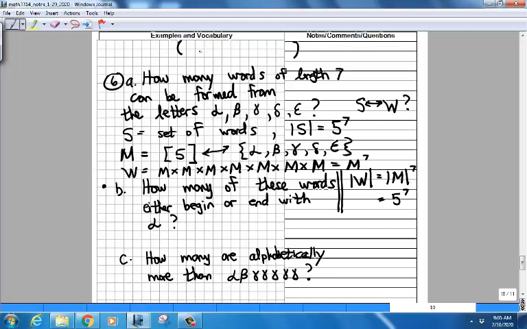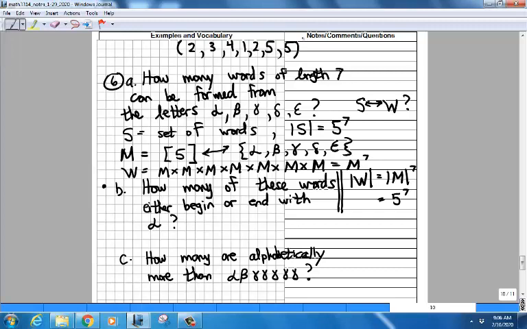A 7-tuple, so it's going to have 7 coordinates, and those coordinates are all going to be from M. So you'll have something like 2, 3, 1, I'm just making one up. You can repeat these things. So there's just an example of an element from M.